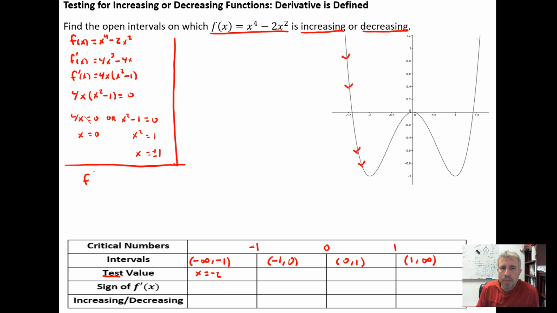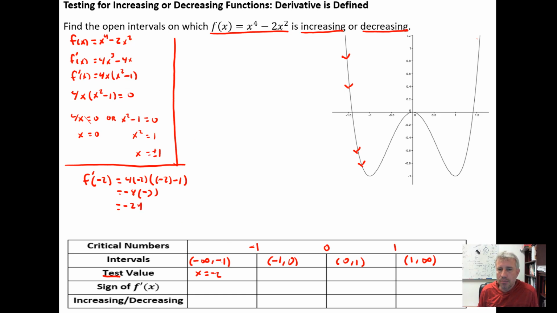So f prime, the derivative at negative 2, what's that going to equal? Well, it's going to be 4 times x, but x is negative 2, times negative 2 squared, and then subtract 1. So we're going to get negative 8 times negative 2 squared minus 1 is 3. So we get negative 24.